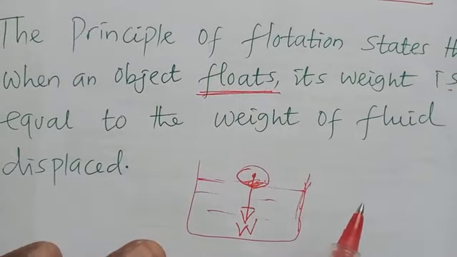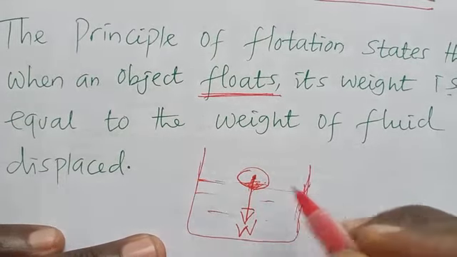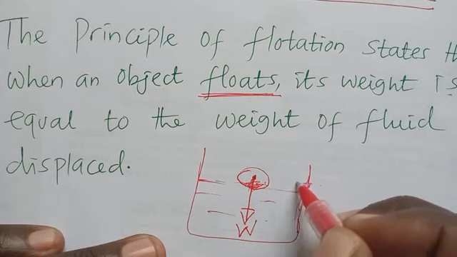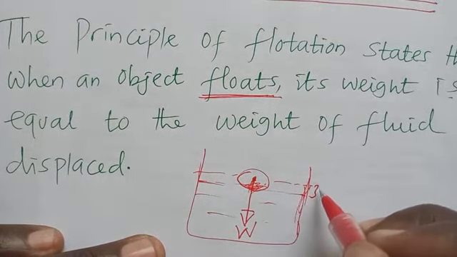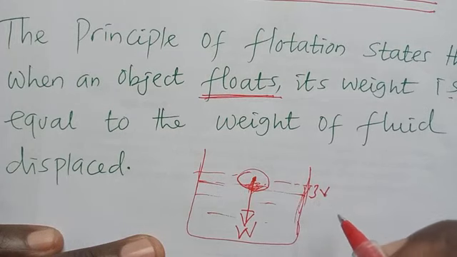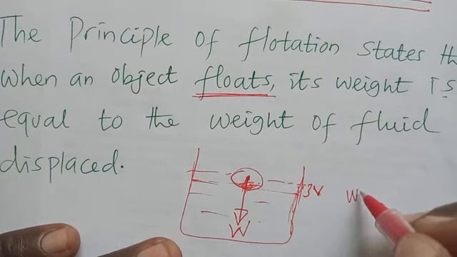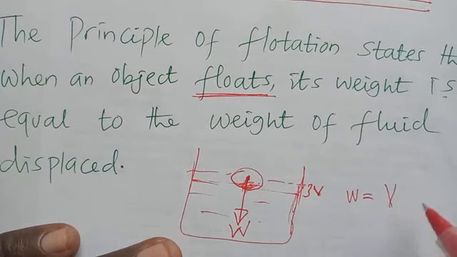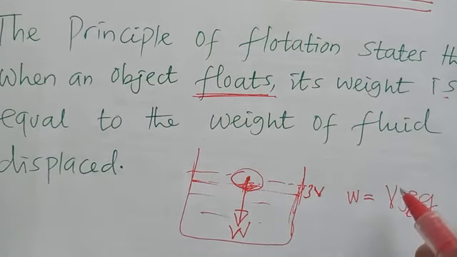Remember, I told you that if an object is totally or partially immersed, the liquid level will go up. This is the volume that goes up, and this volume has weight, and that weight is V rho G, where rho is the density of the liquid and G is acceleration due to gravity.